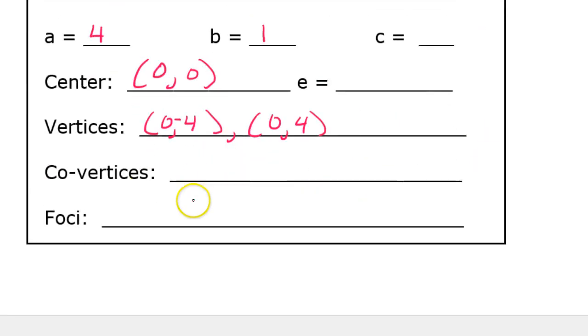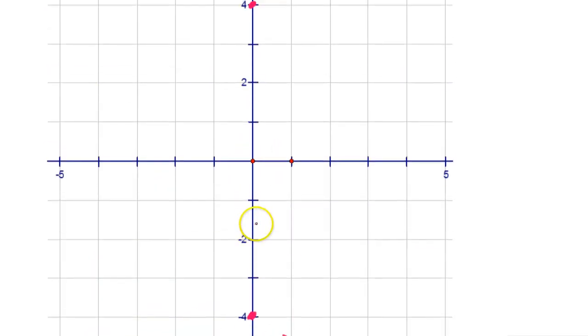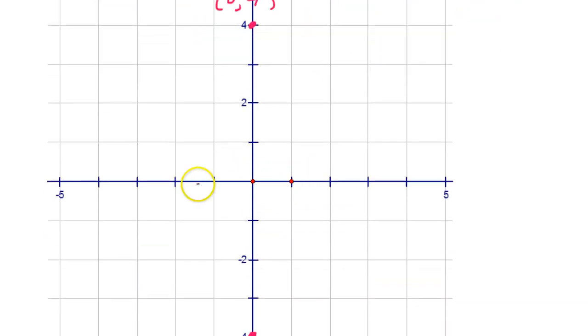Okay, the co-vertices are going to come from the b value. All right, because the b value is with the x squared term, we know that we will be going horizontally with the b value. So I'm going to be going 1 to the left and right. So the co-vertices will be negative 1, comma 0, and 1, comma 0.